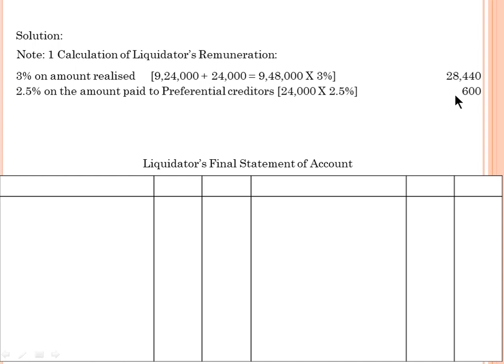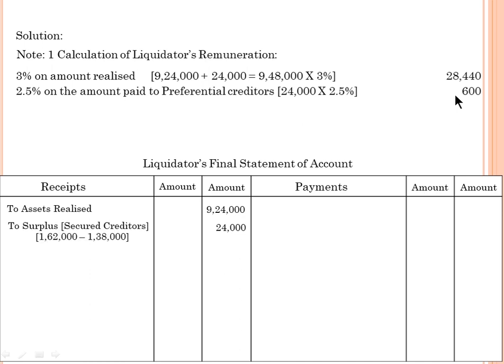Write down the heading: the liquidator final statement of account. You may divide it into columns: receipts, amount, payment, amount. Now we start with the debit side. To assets realized 9,24,000 and surplus from secured creditors. Secured creditors realized 1,62,000 and the value of the secured creditors is 1,38,000. Find the difference; the difference we call a surplus.